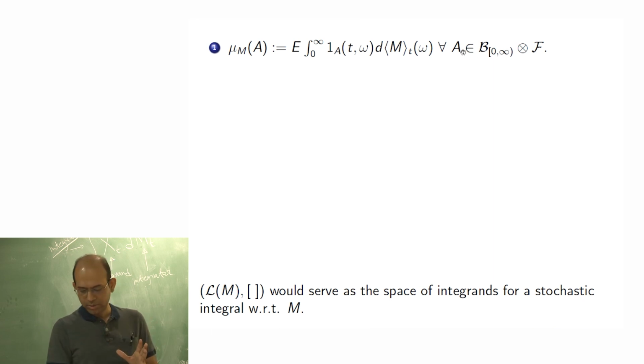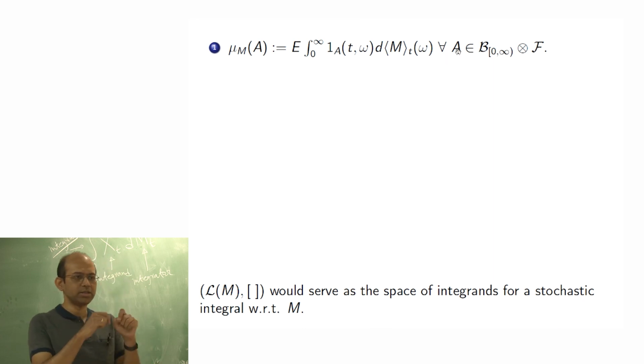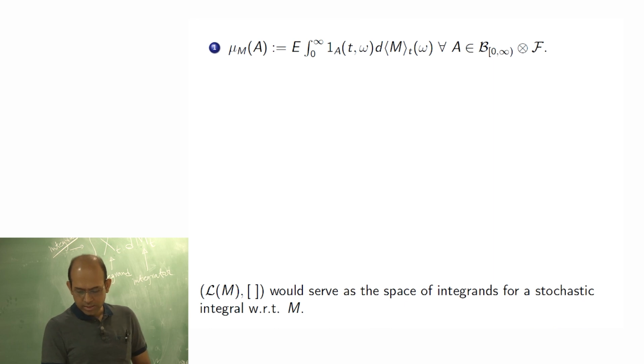We consider A to be a set from the product sigma algebra of the Borel sigma algebra on the time axis, 0 to infinity, and the sigma algebra on omega. We take such A because for a process I have two variables, t and omega. So, A is actually a set of (t, omega) points, measurable with respect to this sigma algebra. For such A, mu_M of A is defined in the following way.